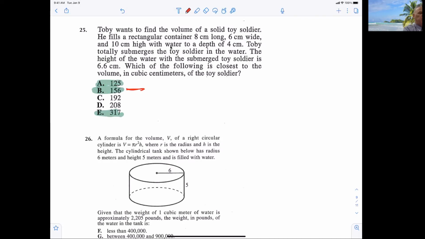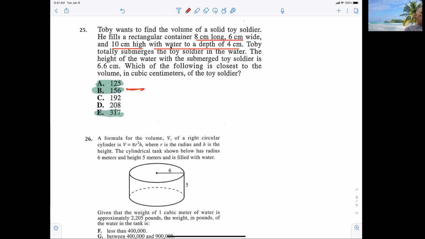So in this particular case, the rectangular prism is 8 centimeters by 6 centimeters. Does this 10 high really matter? No, it doesn't matter. It says that it's filled to a depth of 4 centimeters, correct?